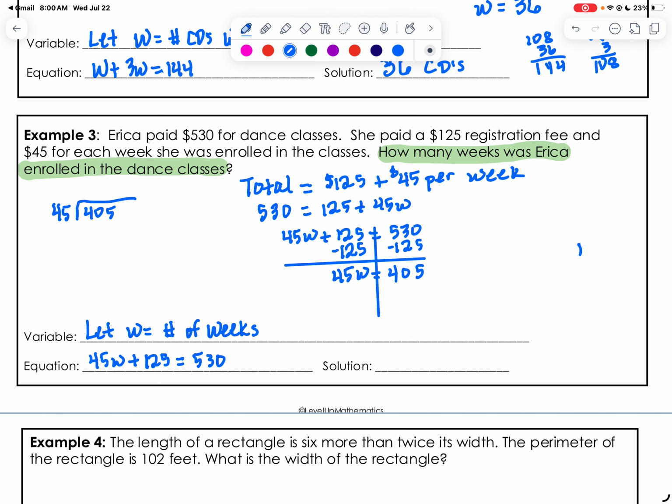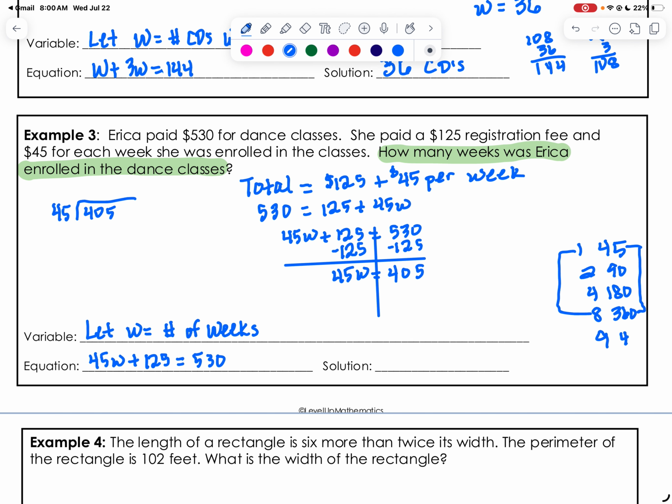So let me do a little ratio table here. 1 times 45, if I double that, I get 90. If I double that again, I get 180. If I double that again, I get 360. Okay, now I'm getting pretty close to 405. What if I went 9 times? 1 plus 8 is 9. 45 plus 360.